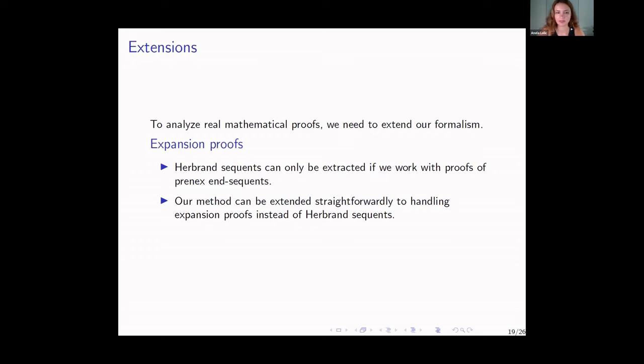Of course, we can always prenexify the sequent, apply our method, but then we have to transform it back again. So to avoid this detour, we said, okay, let's keep the end sequents as they are, not in prenex form. So we have nested occurrences of quantifiers, and we just extended the method straightforwardly to dealing with expansion proofs. Okay, so this was the first extension.